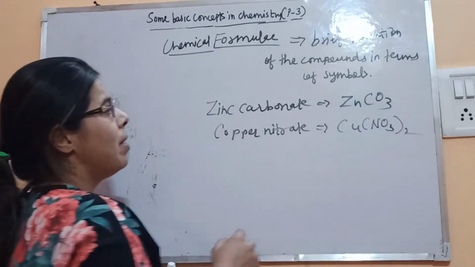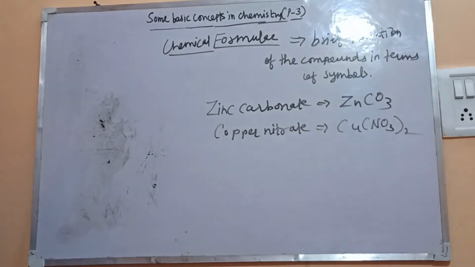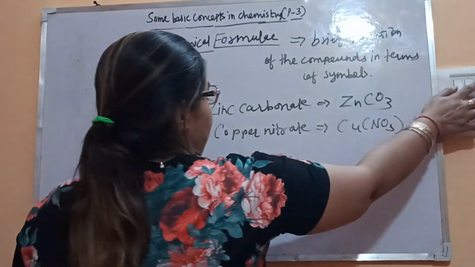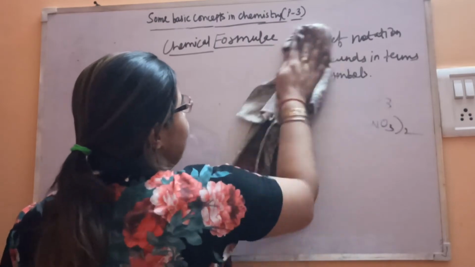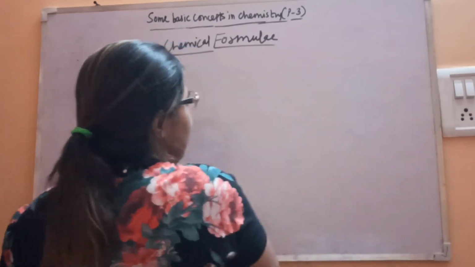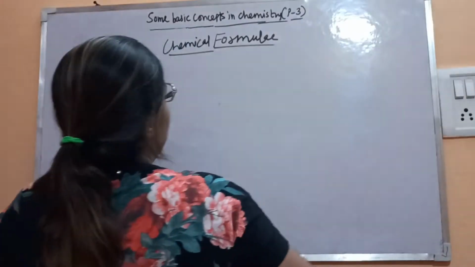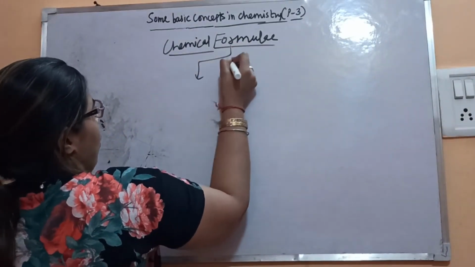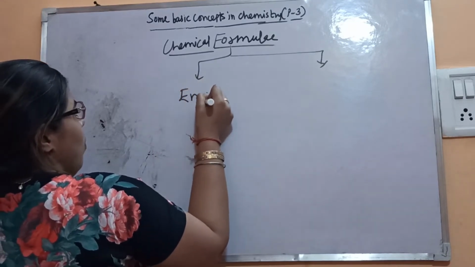Now chemical formula is of two types. Let's see what the two types are. First is empirical formula.